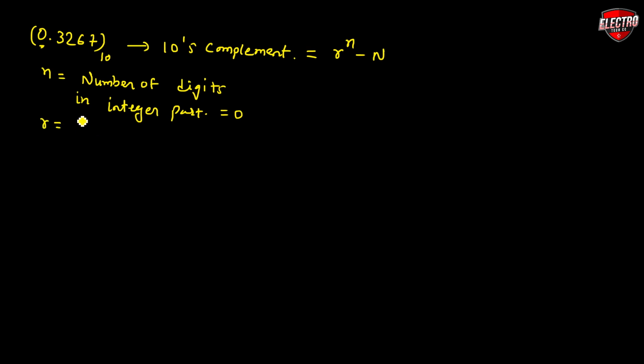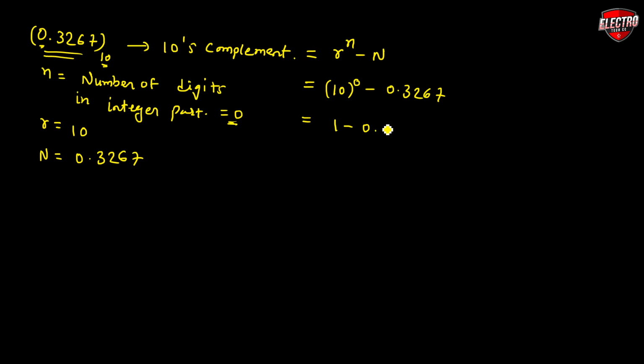R is the base of the system, so in this case R is equal to 10, and capital N indicates the given number, which is 0.3267. If we place all these values, we get 10 raised to 0 minus 0.3267. As you all know, 10 raised to 0 is equal to 1.